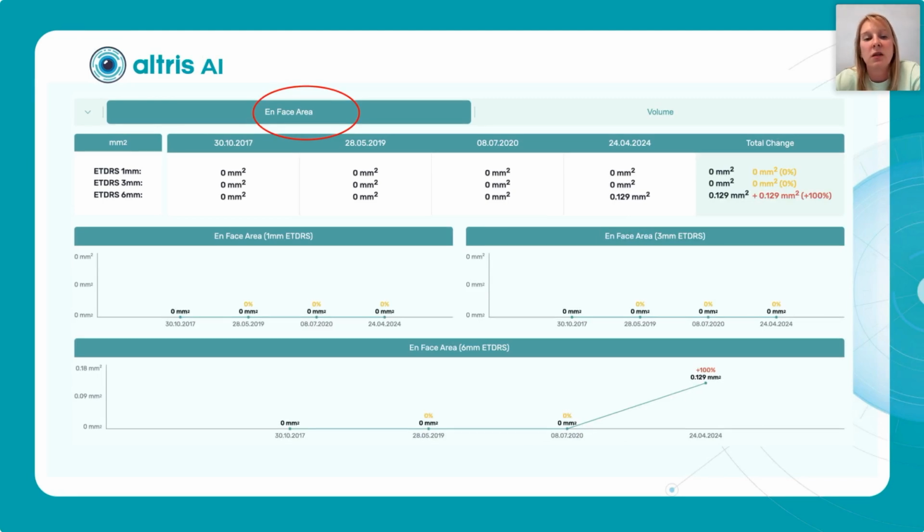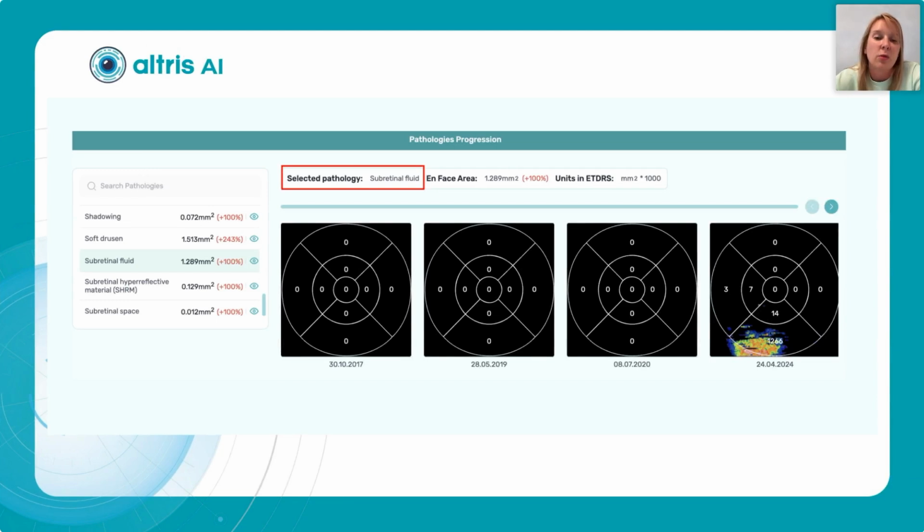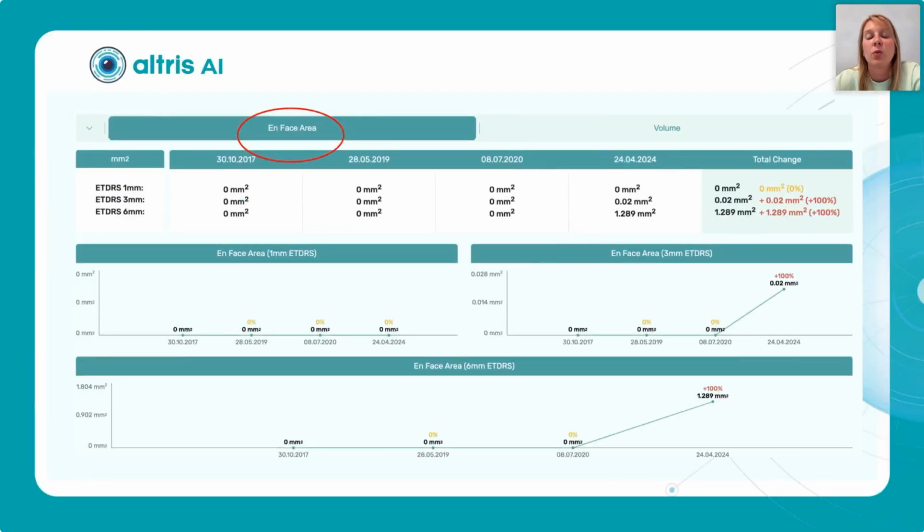We can see it in numbers. And then we could find the appearance of subretinal fluid in about the same area, same visit, 4th visit, and when we calculated the area, we can also see its appearance during the 4th visit.